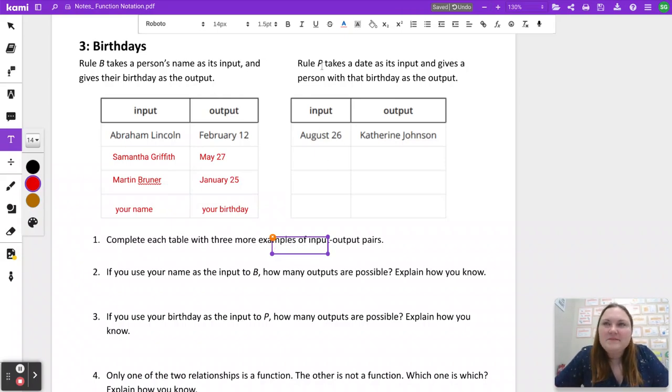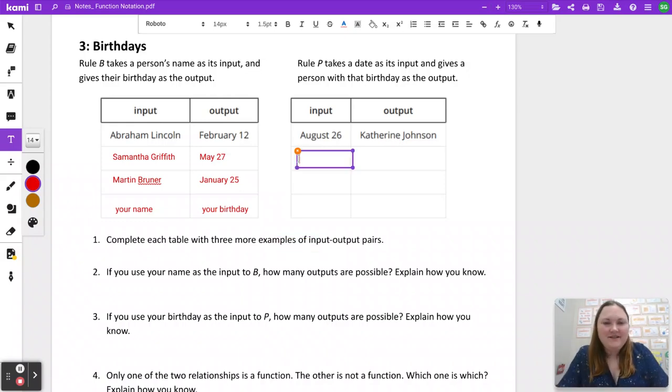The second rule is similar, but it works in a different order. So for the second one here, rule P takes a date as the input and gives a person with that birthday as the output. So for example, if you put in the date August 26, Katherine Johnson, who is a famous female mathematician who worked for NASA, out comes her name. And we could keep doing this.